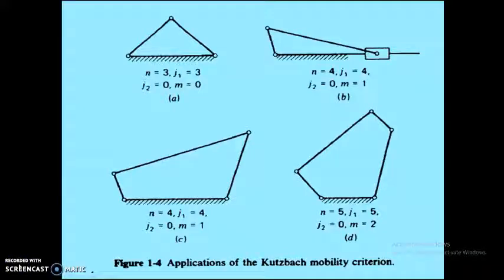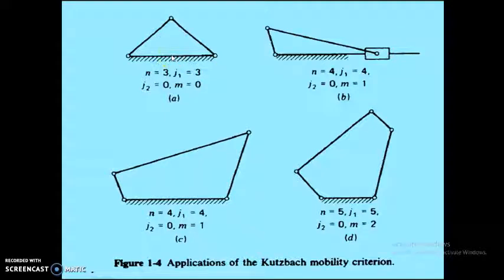Here come the applications of finding degrees of freedom of a system. The examples of degrees of freedom of some of the systems are shown. Considering figure A, the number of joints in the system is 3, the number of links of the system is 3, and the number of higher pairs is 0.